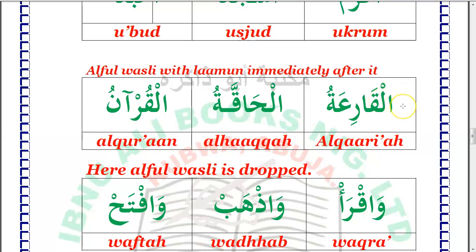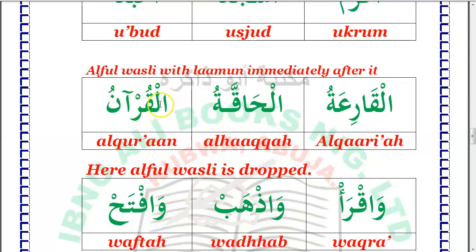So you now read this as al-qari'ah. Here is alif al-wasli at the beginning, and there's lamun immediately after it. So this lamun is telling you to give it fataha. You say al-haqqa, not il and not ul.